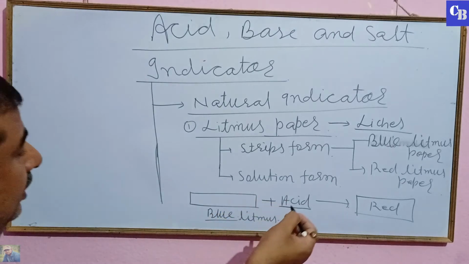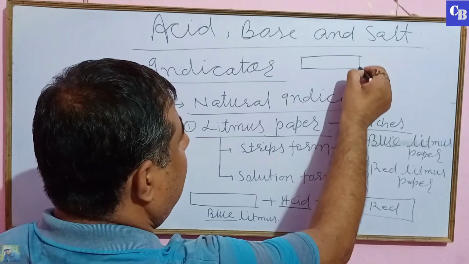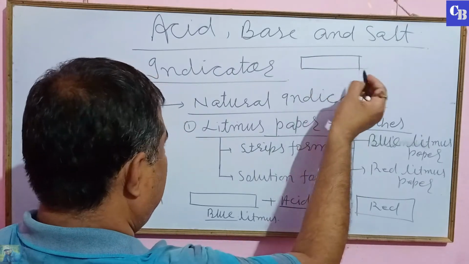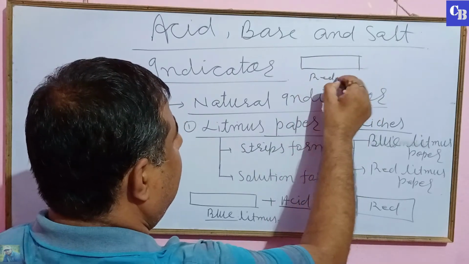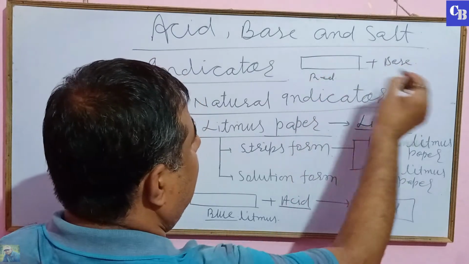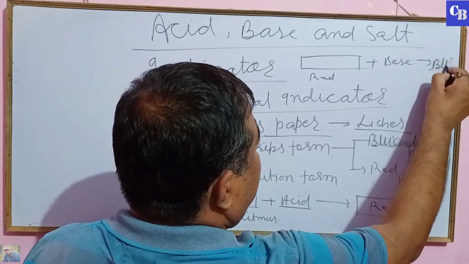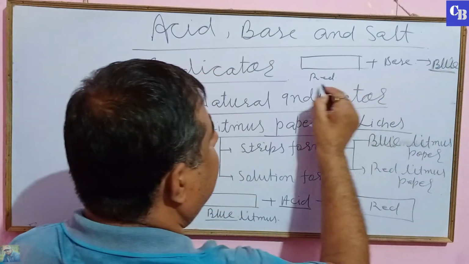Similarly, when you take red litmus paper and base is added on it, red litmus changes to blue.